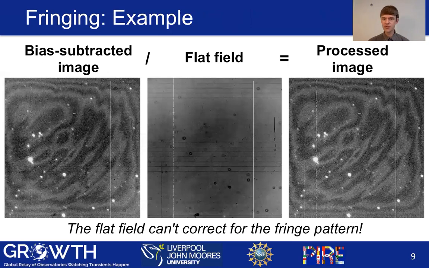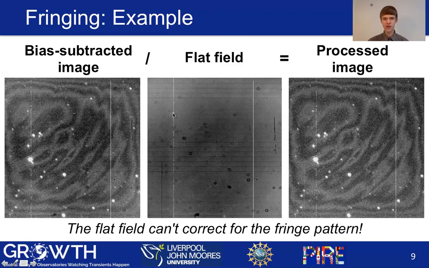An example of fringe subtraction is shown here. On the left, I show a bias subtracted image, which shows clear, broad scale pixel-to-pixel differences, which are a result of interference patterns between the wavelength of the light and the pixels themselves, because they tend to have similar sizes.